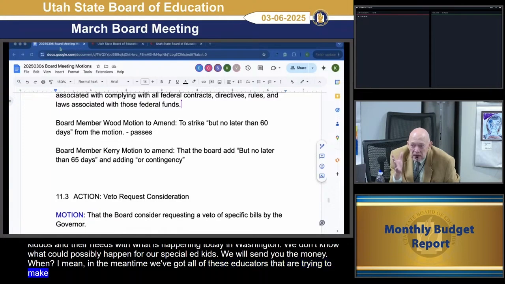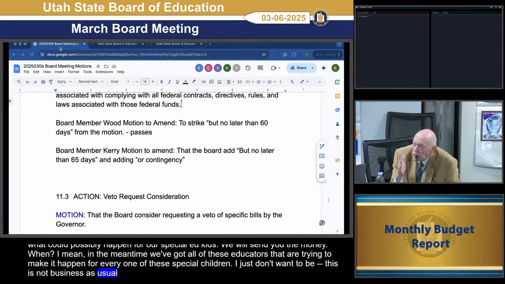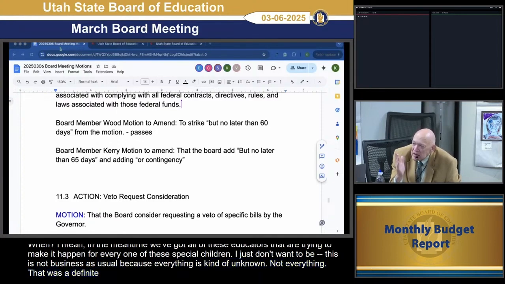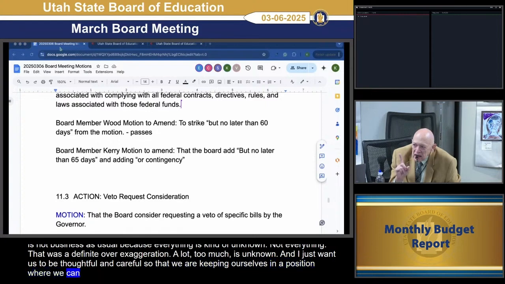I just don't want to be, this is not business as usual because everything is kind of unknown. Not everything, but that was a definite over-exaggeration, but too much is unknown. And I just want us to be thoughtful and careful so that we are keeping ourselves in a position where we can meet what I consider to be the primary needs. And that would be the children and the teachers that have to teach and nurture those children every day in the classroom.